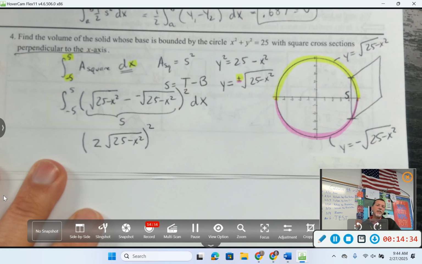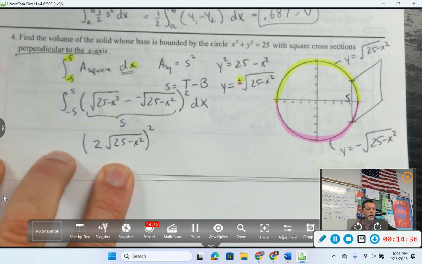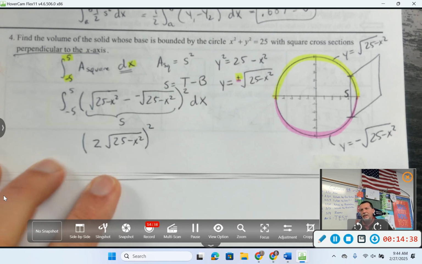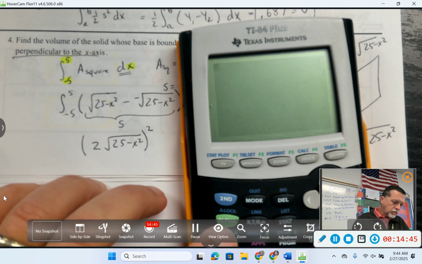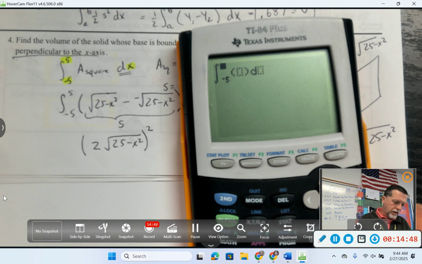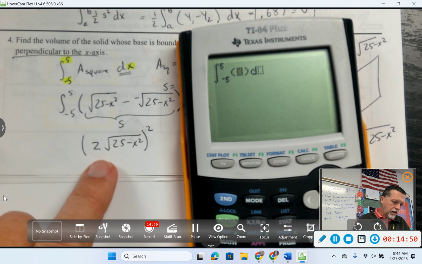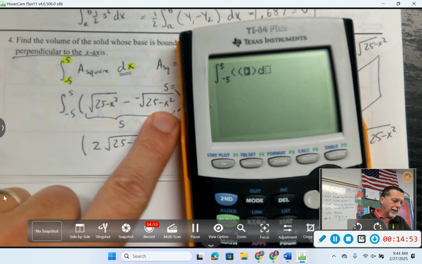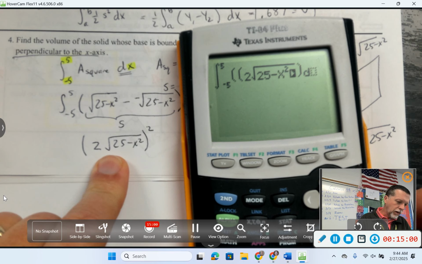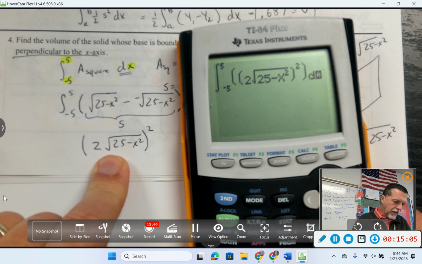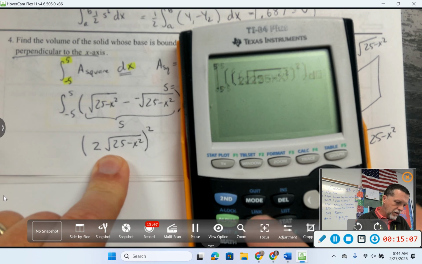If you make it that far, you can square 2 and square 25 minus x squared. It's up to you. I'm hesitant to do too much on my own, so I'll let the calculator do the work. Negative 5 to 5. I'm not going to put all that in there. I'm going to do the little bit of simplifying on my own. 2 square root 25 minus x squared, square all of that, dx.